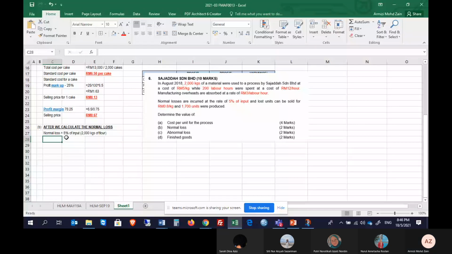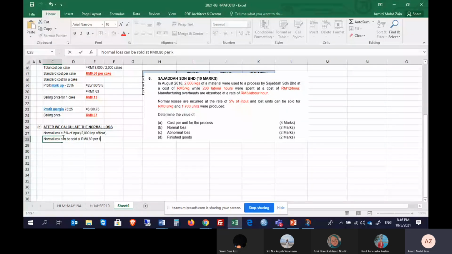Dan normal loss tu can be sold at RM 0.80 per kg. Maksudnya kalau tepung tu rosak, okay, tepung tu masih boleh dijual dengan harga second hand pada harga 80 sen per kg. Okay.